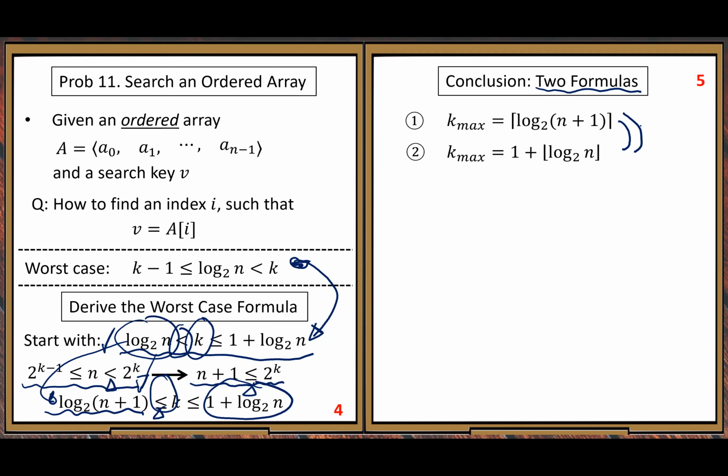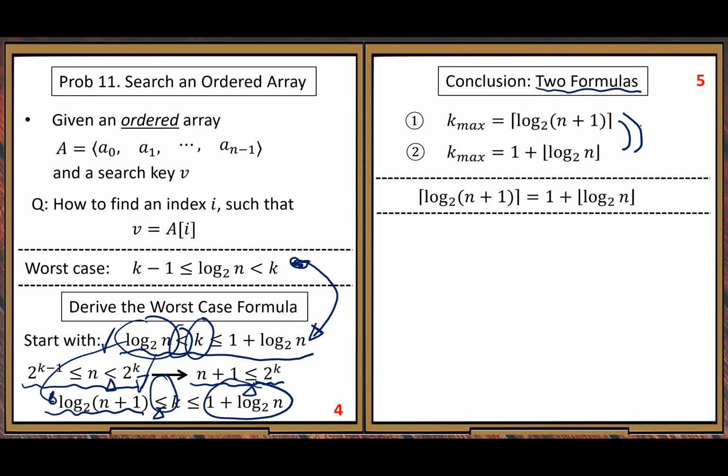We can prove it. If you really want to practice your algebra skills, you can prove it by mathematical induction. Here, I do not do it.